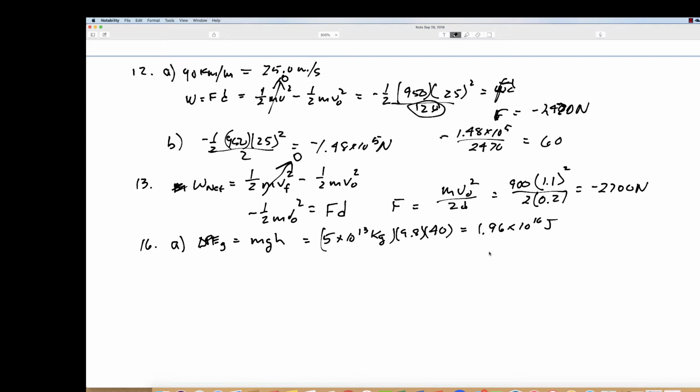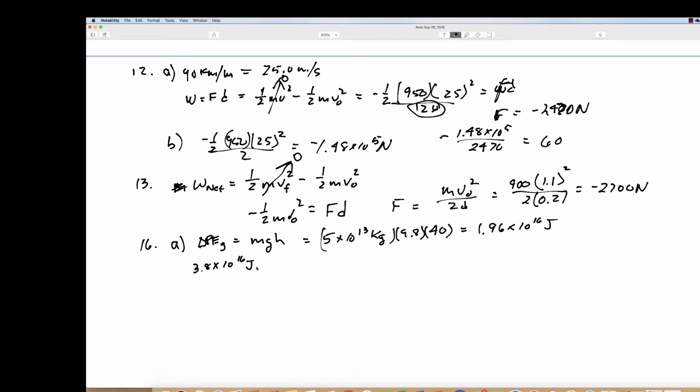Now the second part of this says to compare that to the energy in a 9 megaton fusion bomb. If you look, there's a table in the book: a 9 megaton fusion bomb has an energy of 3.8 times 10 to the 16 joules.